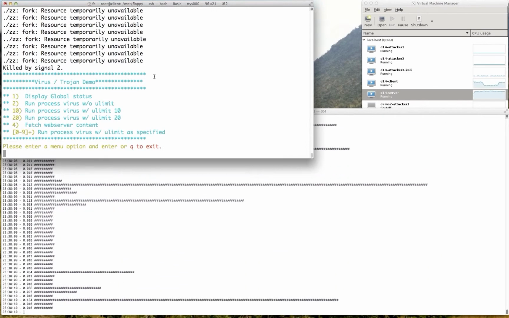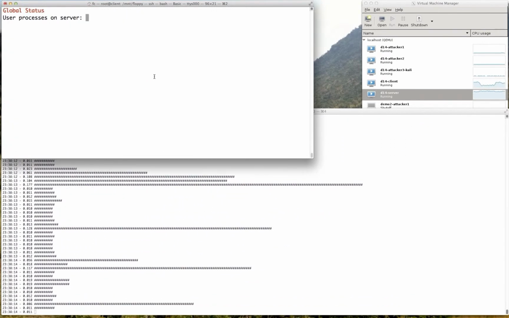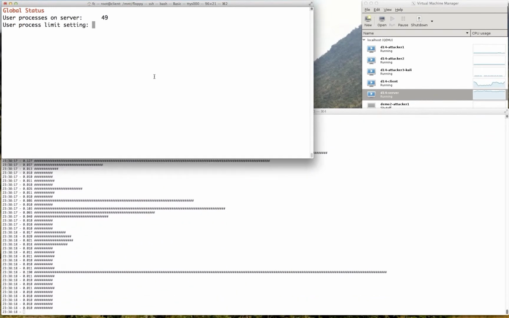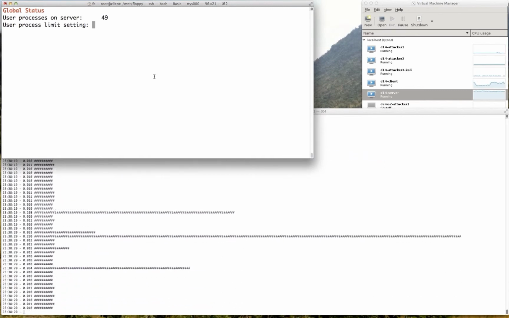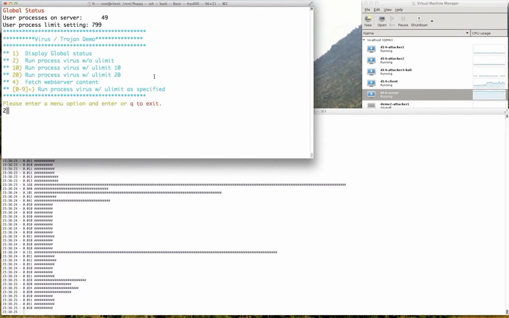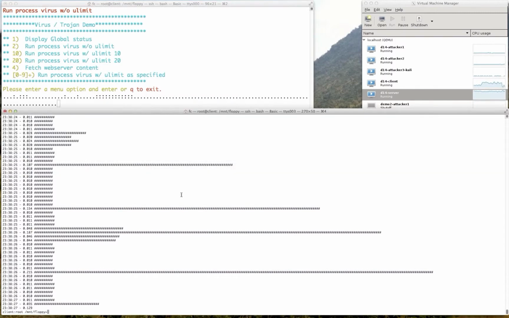I'm just going to stop that. And we'll go get a status again and see how many processes are running up there right now. 49 are still up there. And now we're just going to run without limit. So we're just going to say, don't limit the number of processes that you can run for the attack.